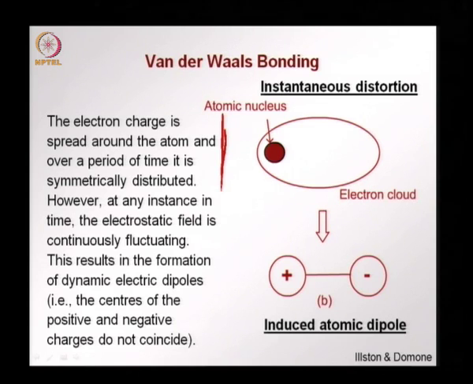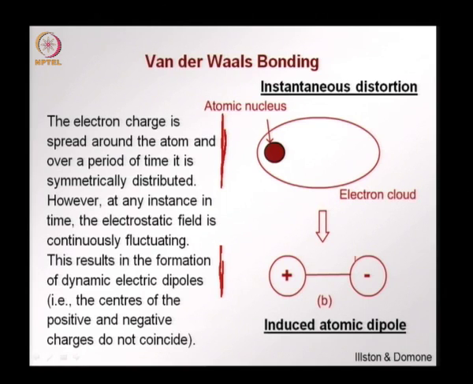However, at any particular instant in time, this electrostatic field is continuously moving, fluctuating, and this gives rise to these dynamic electric dipoles. Dipole meaning that the centers of the positive and negative charge do not coincide.